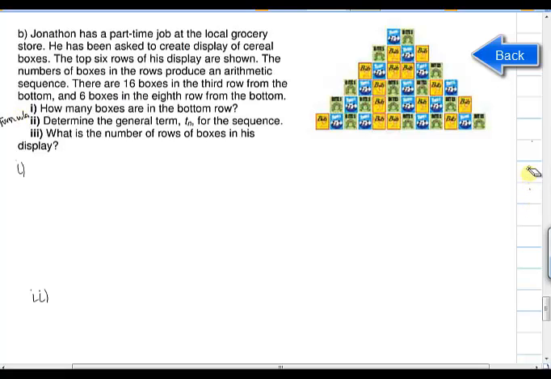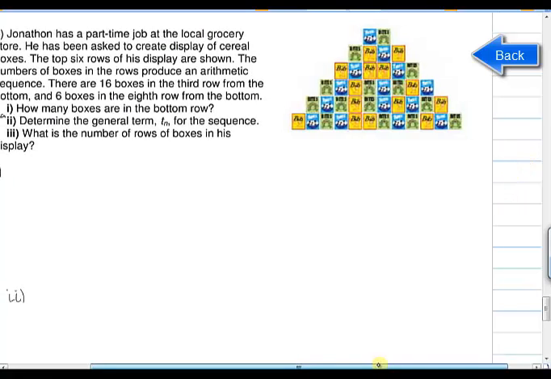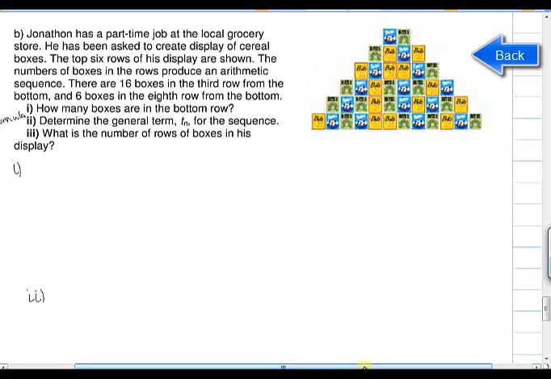Well, the first thing you need to understand is that when Jonathan is building this display, he's starting from the ground and going up. So if we draw that this is the ground, then you can see that as he builds his display, the number of cereal boxes decreases. And what else can we get from this picture?